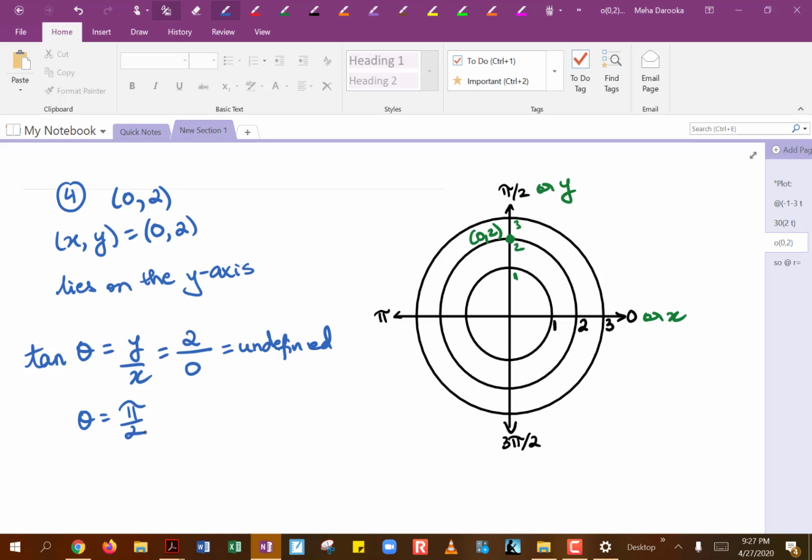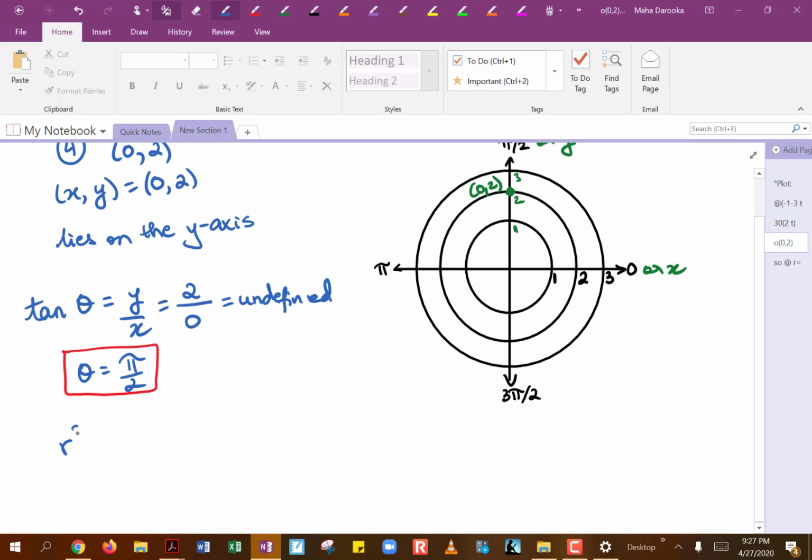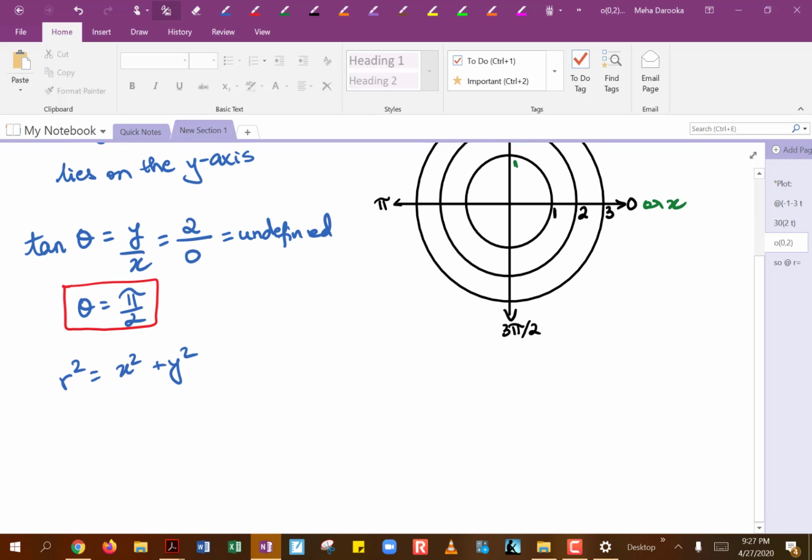Okay, so now that we have the theta, we just need to calculate the r value. So remember, that's r squared equals x squared plus y squared. And again, since our angle theta lies on the same axis as our point x, y, that means we can let our r value be positive.